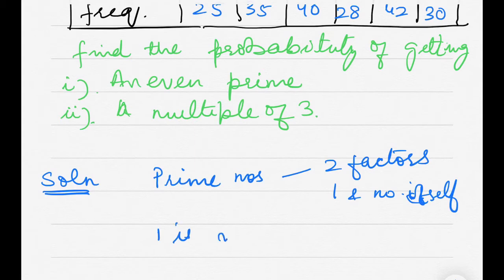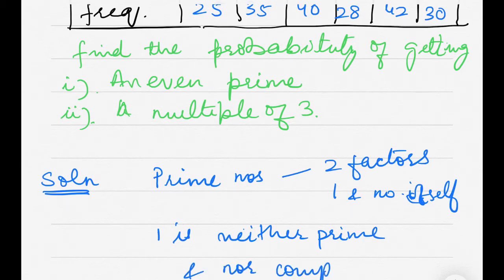So 1 is neither prime, nor is it a composite number. So it's not a prime number.